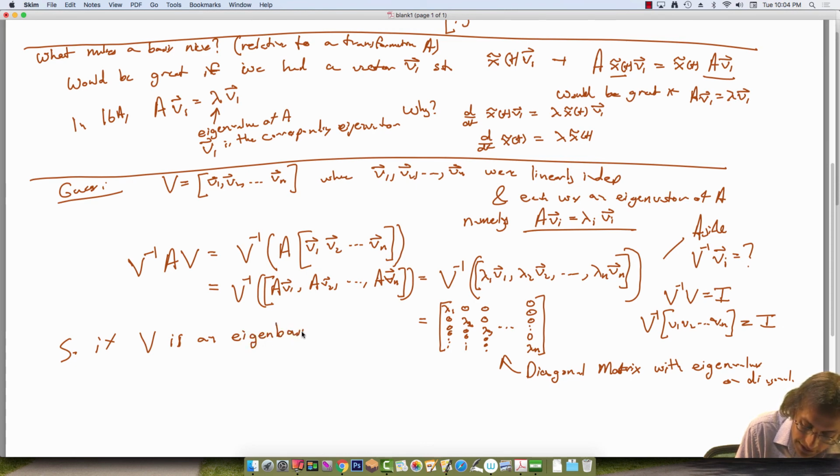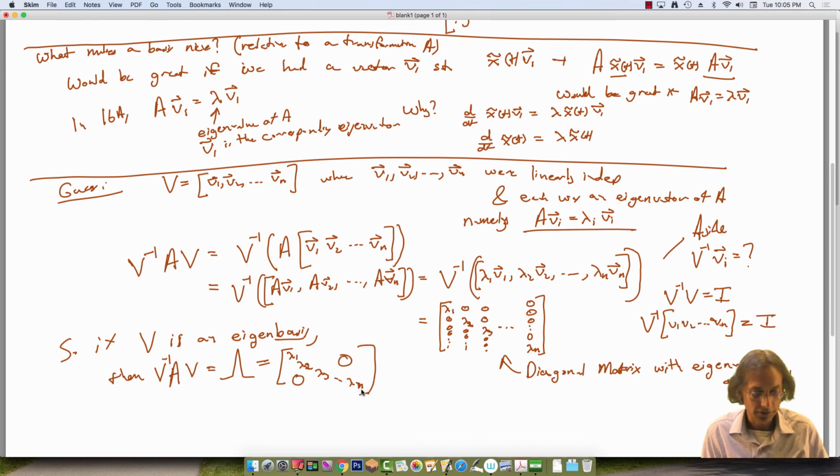What's an eigenbasis? An eigenbasis is a basis of eigenvectors. If V is an eigenbasis, then A transformed into this basis, which is V inverse A V, is equal to a diagonal matrix of eigenvalues. I'll write zeros here to mean everything else is zero.